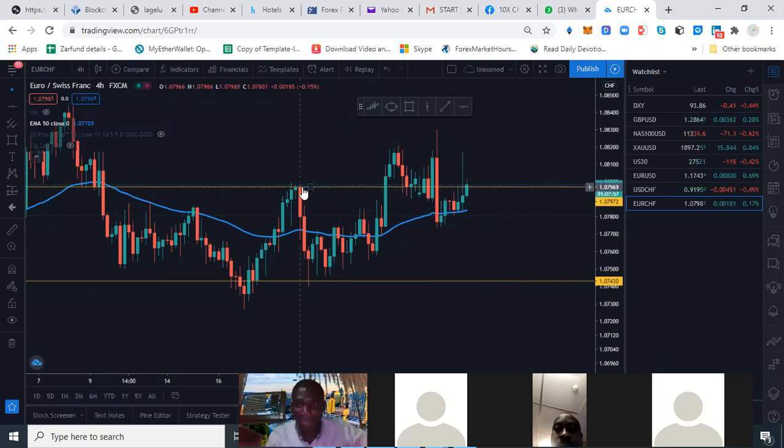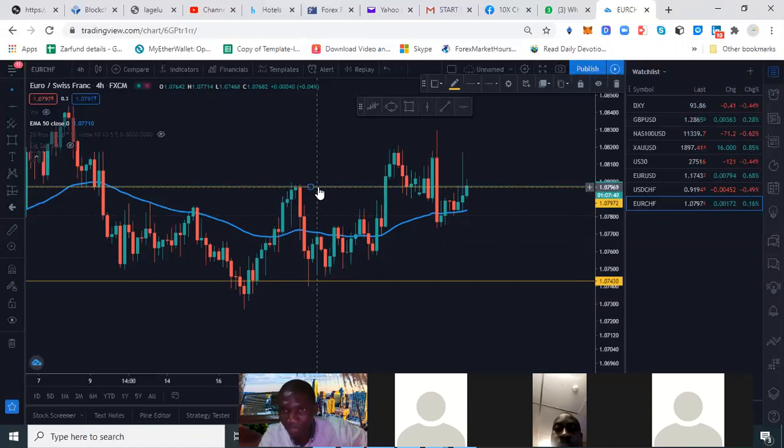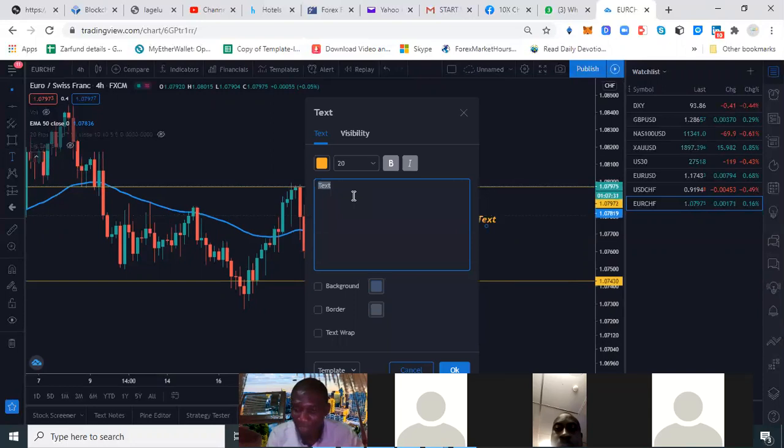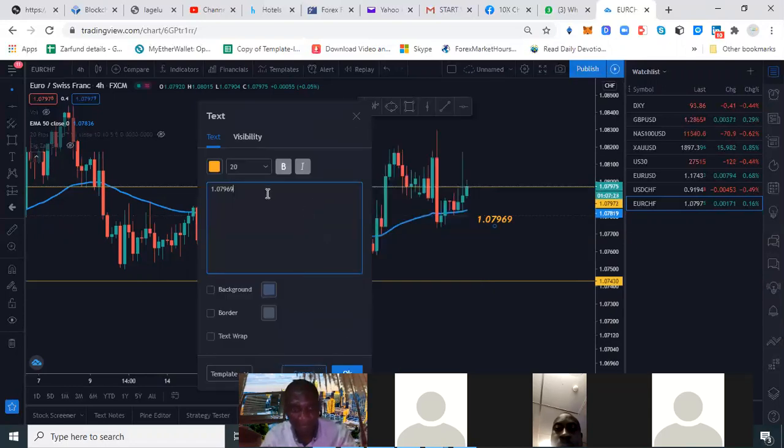The gray line is saying 1.07969. Okay, yes, that's the first price.